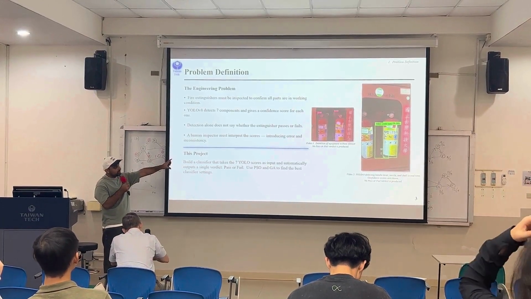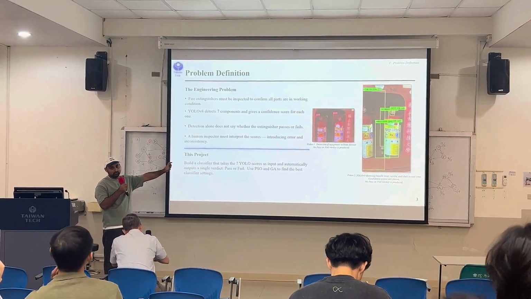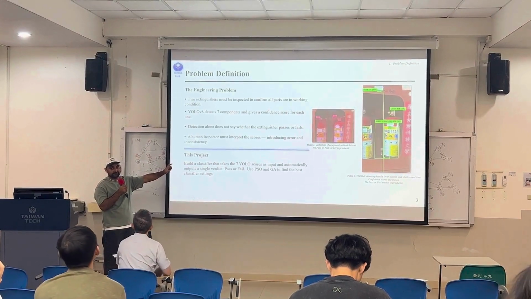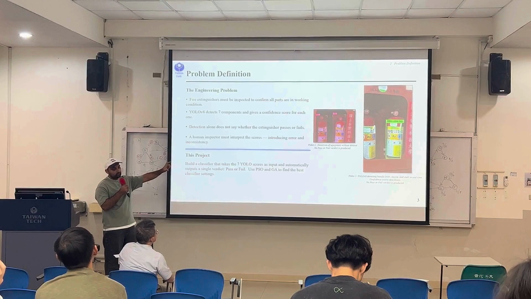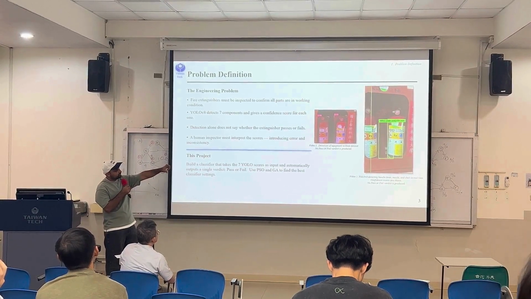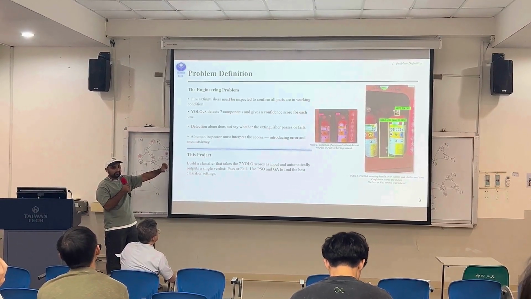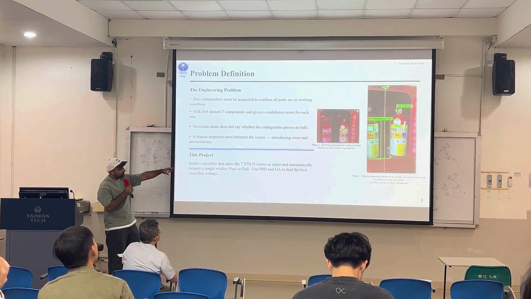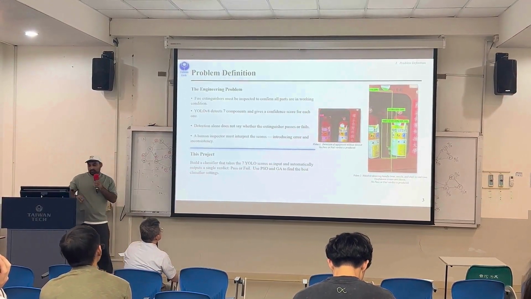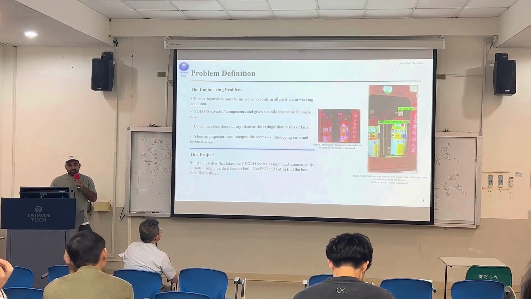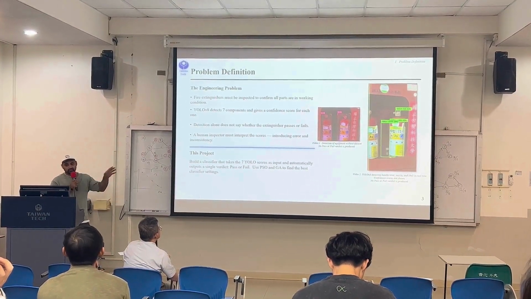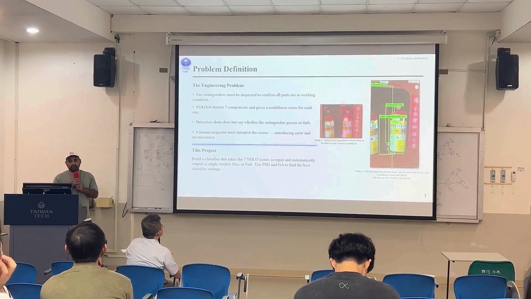YOLO is an AI tool that detects defects in the object. Here I use a fire extinguisher to detect the parts or components of a fire extinguisher. YOLO detects 7 components for me here, but that's not the real case.